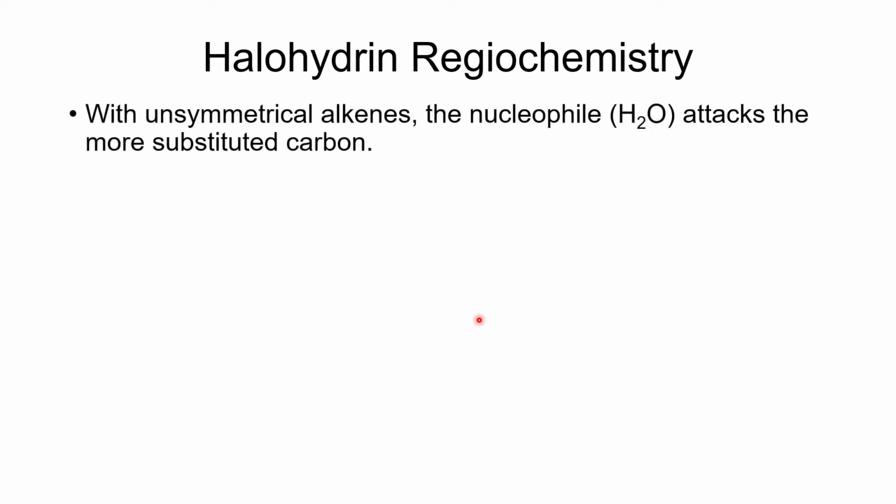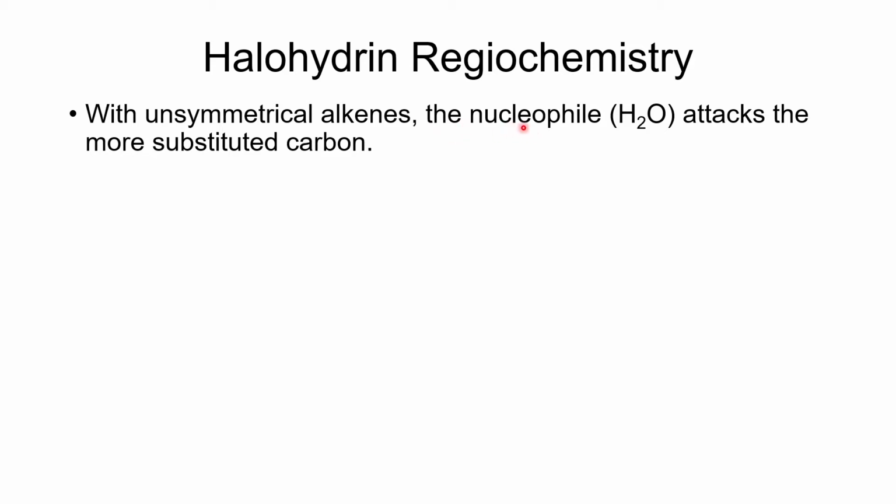Now for halohydrin regiochemistry. When we were looking at halogenation, where we added 2 halogen atoms across the carbon-carbon double bond, we didn't really worry about the regiochemistry because we were adding the same atom to both carbons. But when we have unsymmetrical alkenes and we're adding two different things, in this case a halogen and OH, we're going to find that we get an interesting result.